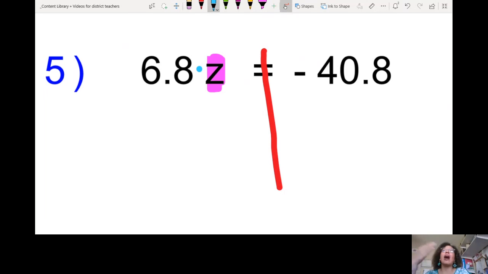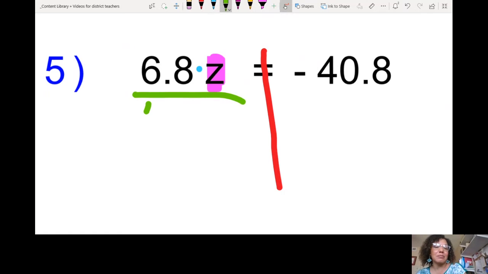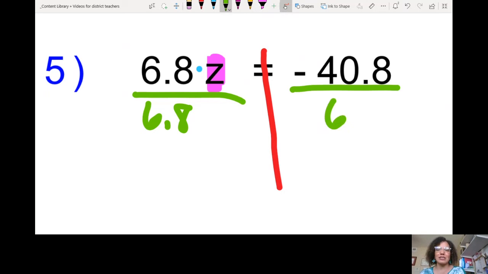And you always do the opposite when I'm trying to get rid of something with an equal sign. So the opposite of that would be dividing by 6.8. But whatever you do to one side, you do to the other. So I'm going to divide by 6.8. So those cancel out.